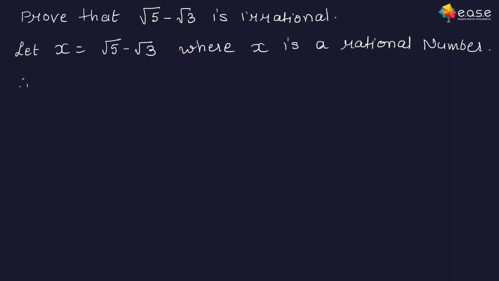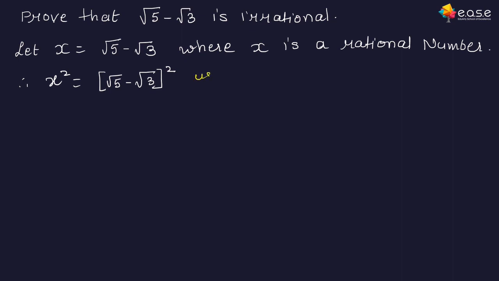So therefore, if you square both the sides, what will you get? Let's see. So we'll get x square is equal to root 5 minus root 3 the whole square. Here don't multiply directly like this.